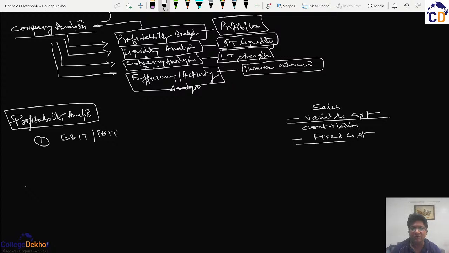And when you deduct fixed cost from such contribution, you arrive at the figure of EBIT, also commonly known as the operating profit of the company. So high EBIT should result in high financial wealth for the shareholder. Then this EBIT is used to pay the fixed interest costs, because these interest costs are a huge burden.